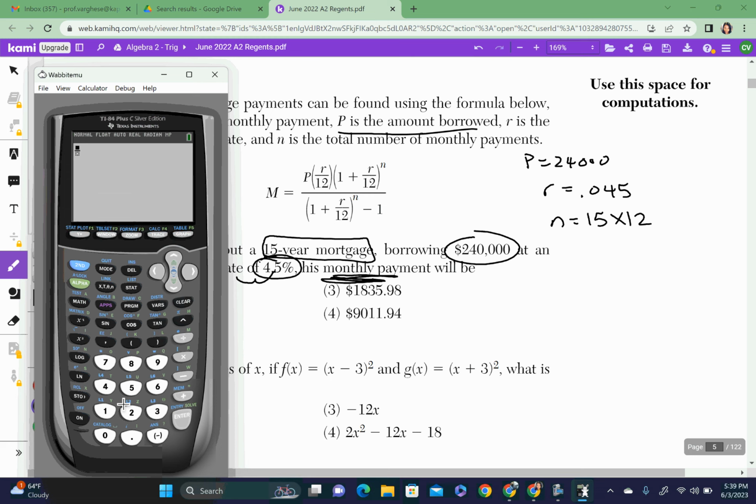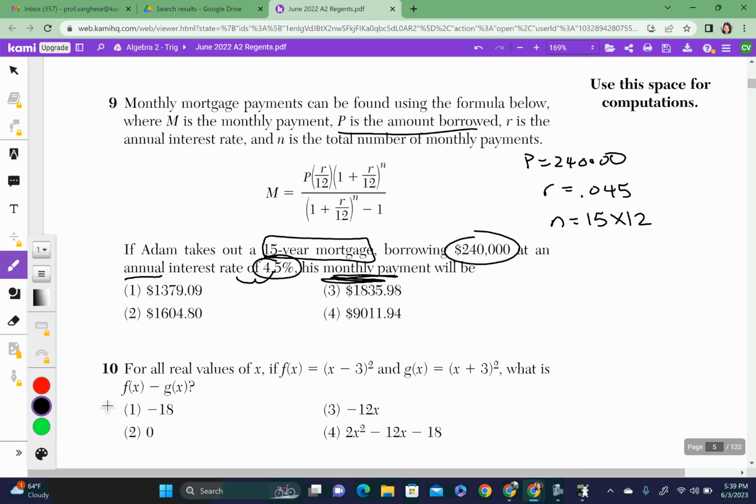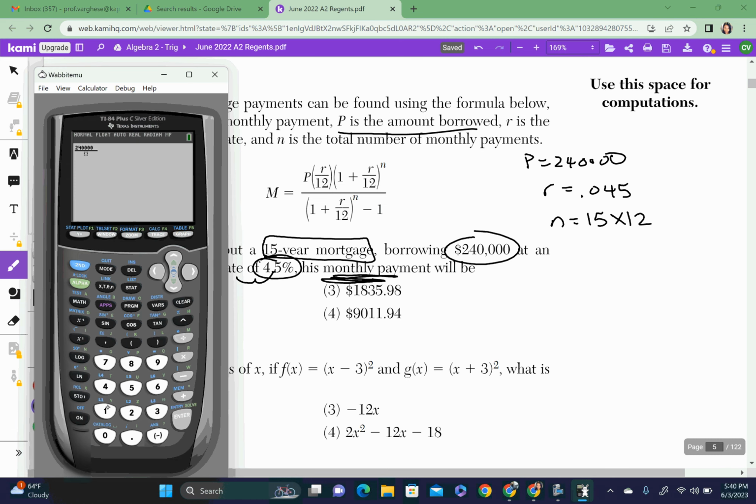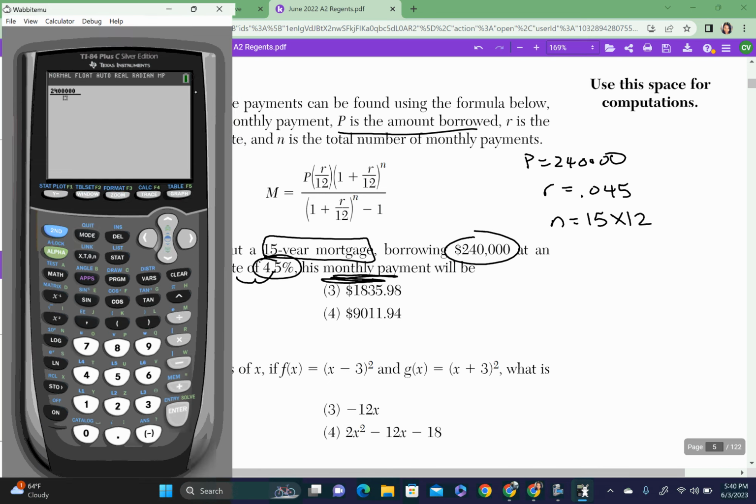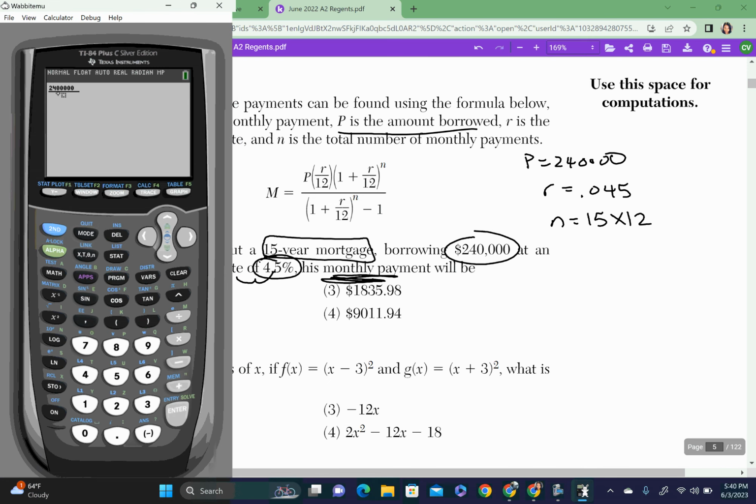So our P is 240,000. Make sure you type in those zeros. I said 3 zeros, and it's supposed to be 4 zeros, because 240,000 has 4 zeros. So let's make sure I put that down. Let me make this calculator a little bit bigger. 1, 2.